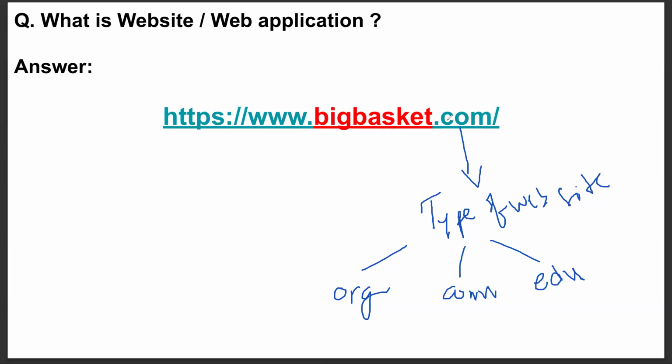If it is particular to an organization, it ends with .org. If it is commercial, nothing but business, it will end with .com. If it is educational, you can see .edu. And if it is government, it will end with .gov. Organization websites, commercial websites, education related websites, government related websites. Does that make sense, everyone?